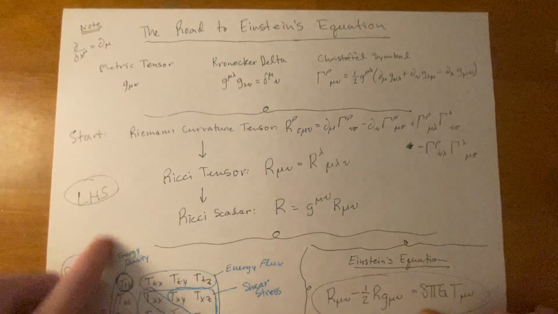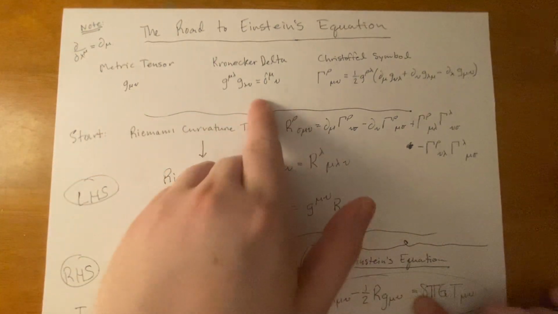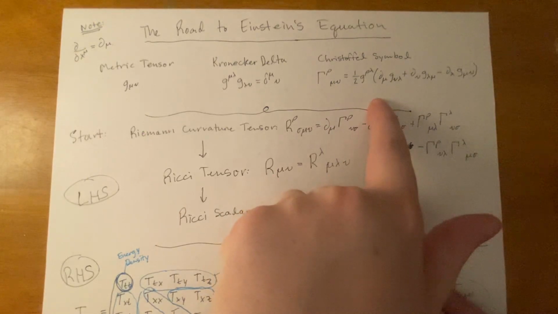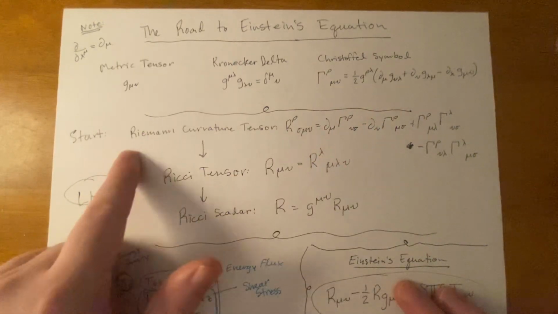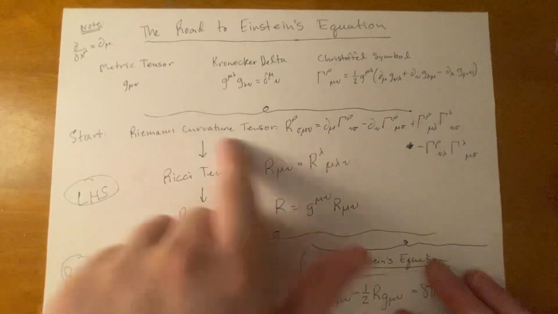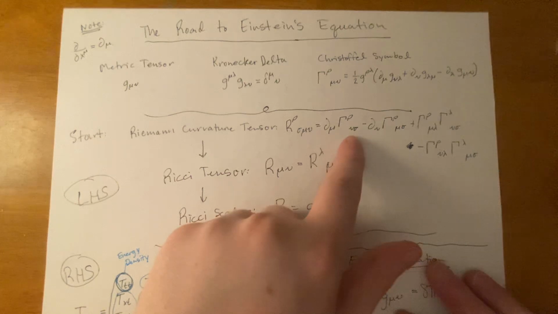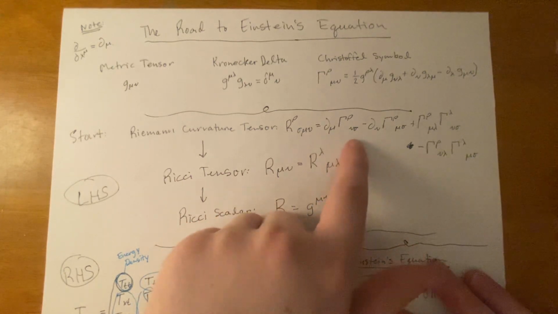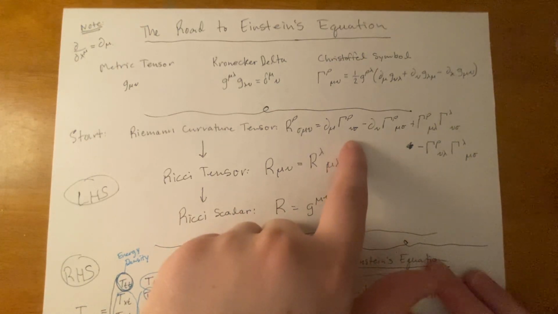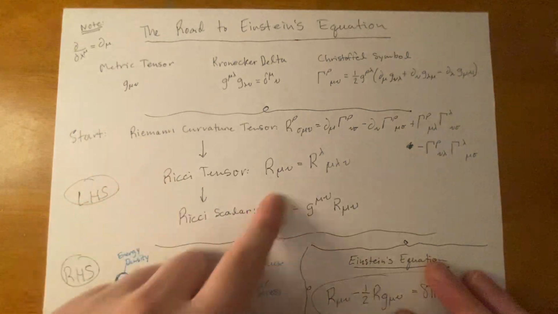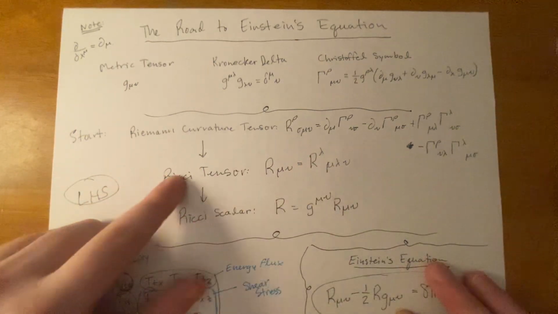So let's take a look at this. We have some supplemental information here that's just good to know. The Christoffel symbol is obviously very involved. So we take the Riemann curvature tensor, which was developed by Riemann. It's just describing the curvature of a geometry, of a manifold specifically, I believe. And then you contract that into the Ricci tensor by summing over the first and the third indices.